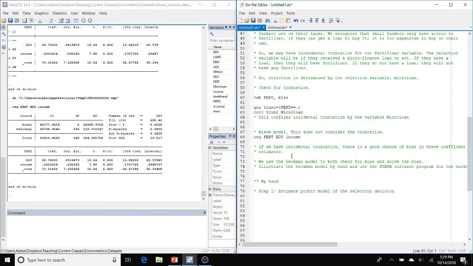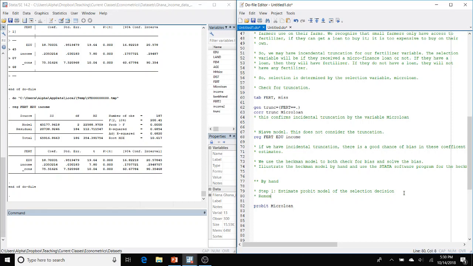That would be probit of microloan, regressed on... Now remember, step 1, estimate the probit model of the selection decision.